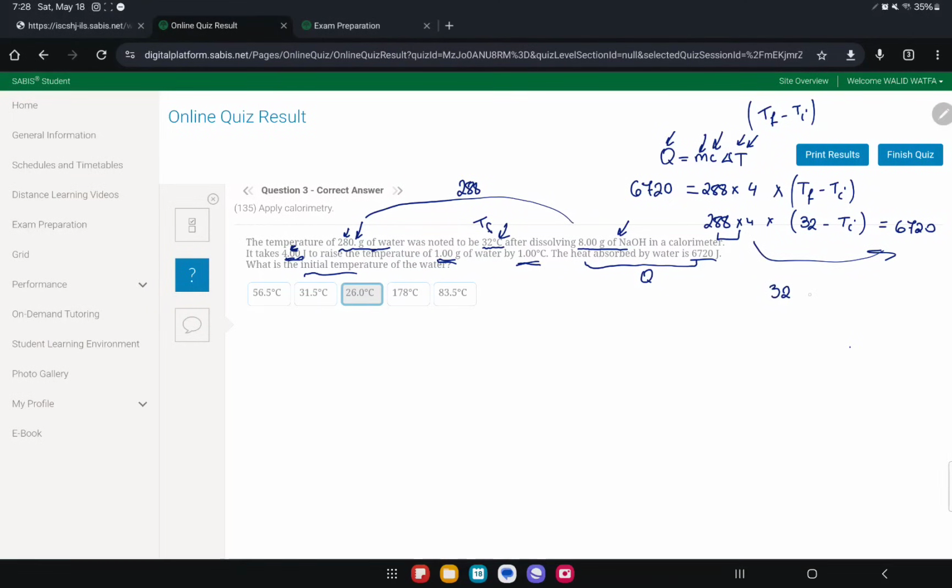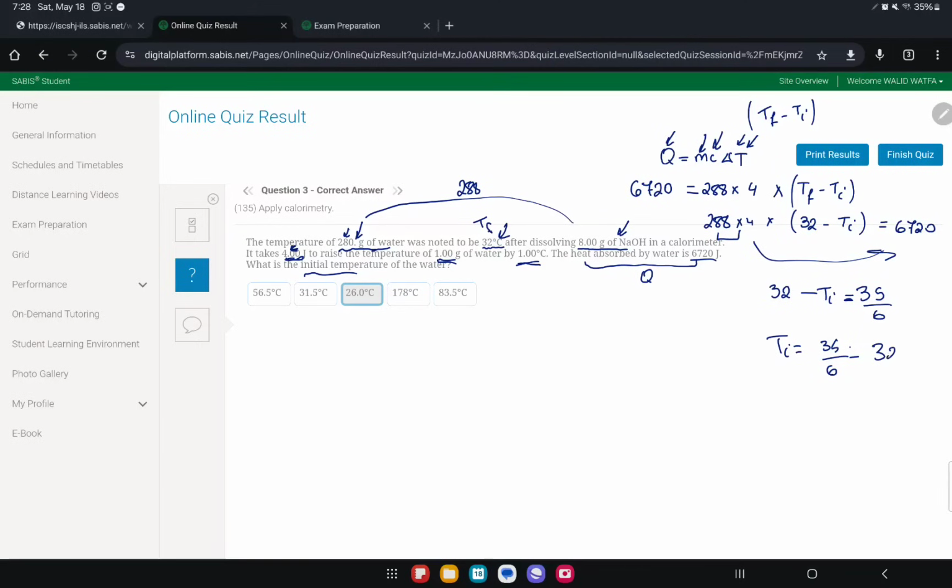Then you just divide on the other side: 6720 divided by 288 divided by 4. I'm going to keep it as a fraction. You're going to get 32 minus temperature initial equals 35 over 6.